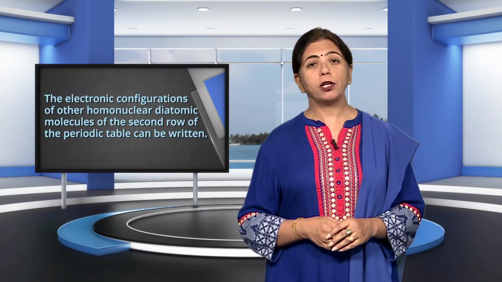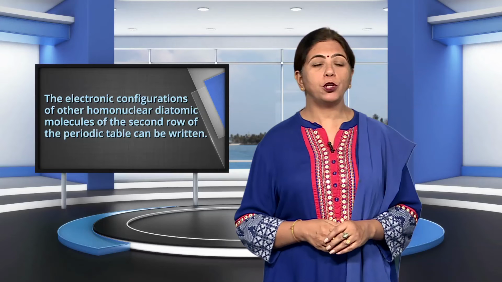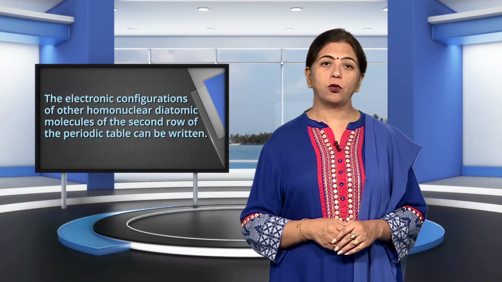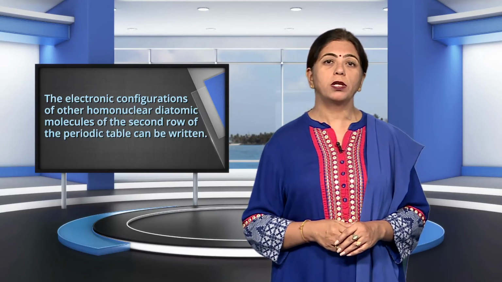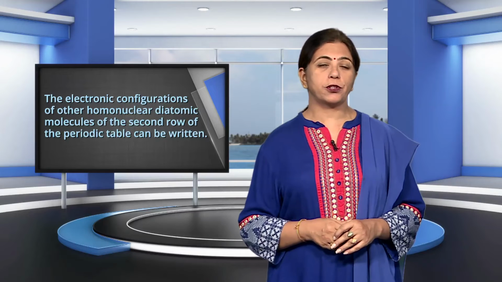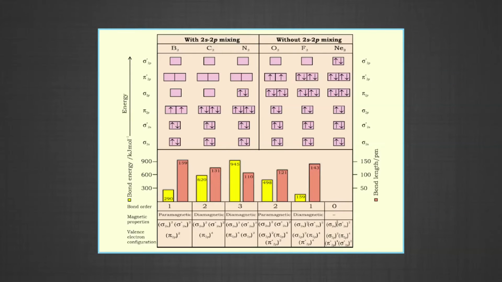Similarly, the electronic configuration of the other homonuclear diatomic molecules of the second row of the periodic table can be written. In the figure given below are the molecular orbital occupancy and molecular properties for the boron molecule through the neon molecule, where the sequence of the molecular orbitals and their electron population are shown.